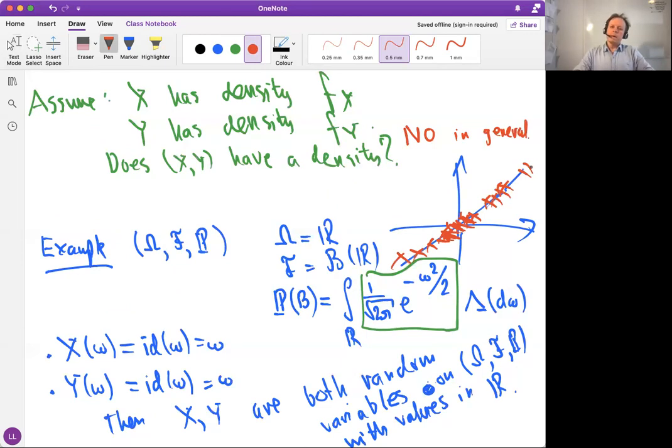This is how my samples would behave, and they would start to form a Gaussian density on this line, as you see. If you project the line to the x coordinate or y coordinate, you will see Gaussian distributions there. But it's a so-called degenerate Gaussian, in the sense that you don't have a bivariate Gaussian density in this case.